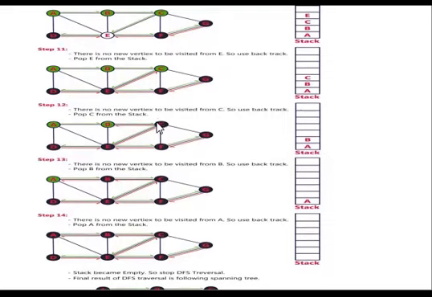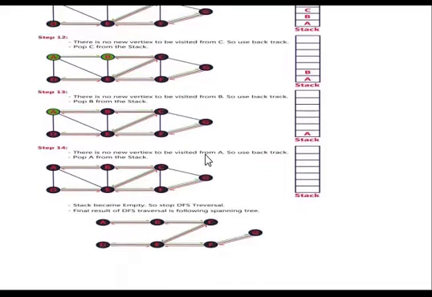Then we get back to B and check whether there is anything to visit; no new vertices arise from B. So we backtrack and pop the node from the stack, and finally it goes to A. We check if there is a new vertex to visit from A; there is none, so A is also backtracked and popped.